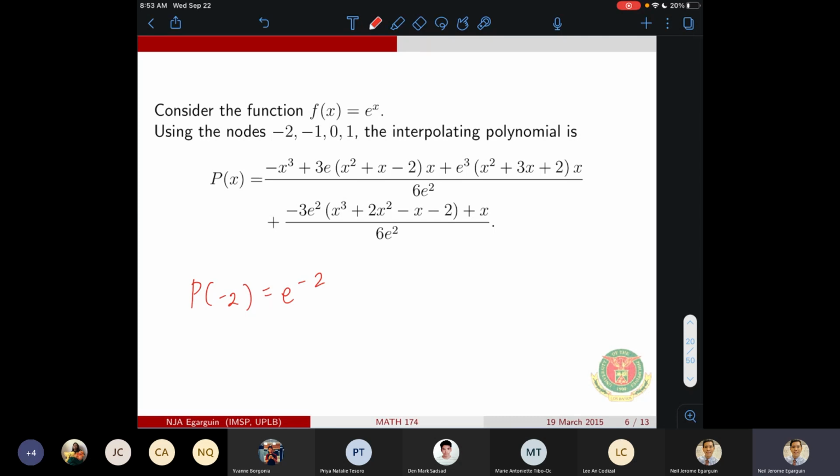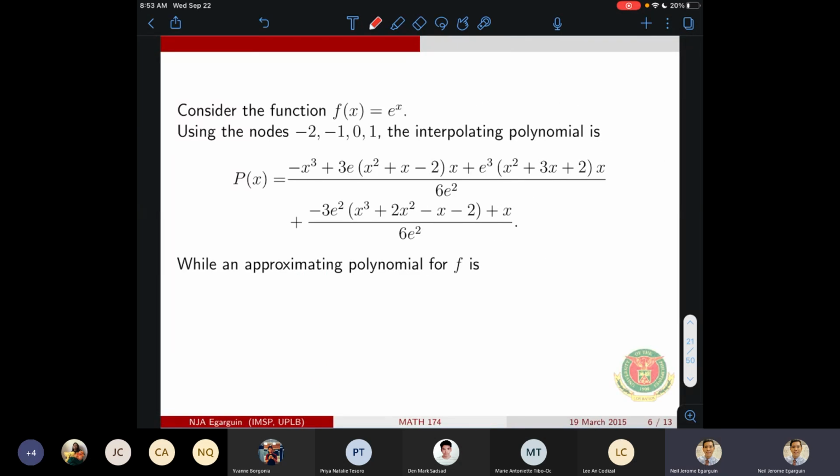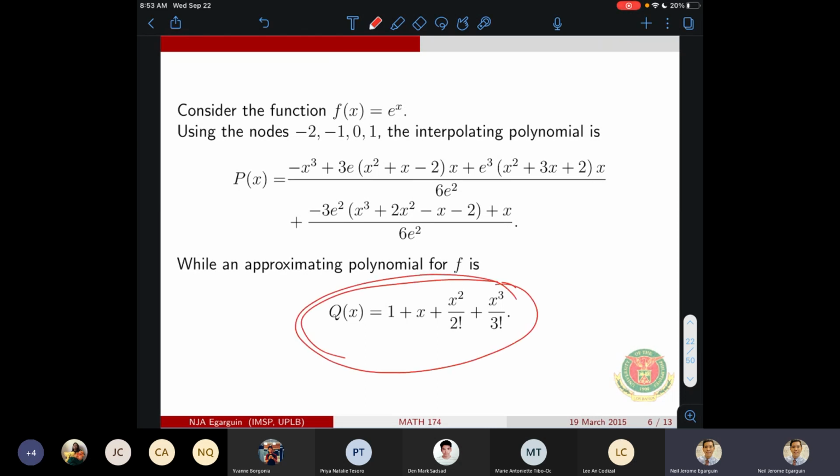Okay. In contrast, an approximating polynomial for f could be this guy, the polynomial q. Do you guys recognize this polynomial? Anybody? Nakikilala nyo ba tong q? Or how did I obtain the polynomial q?